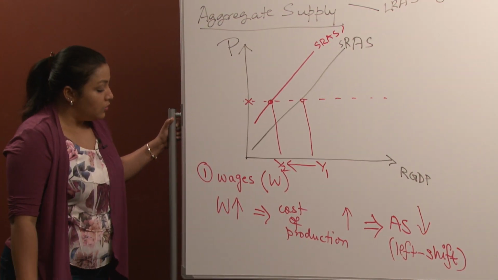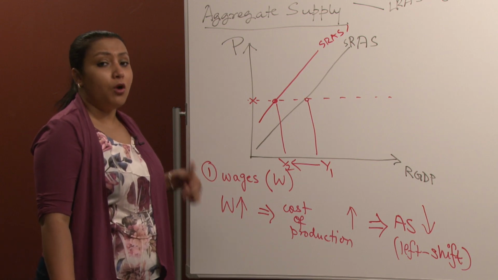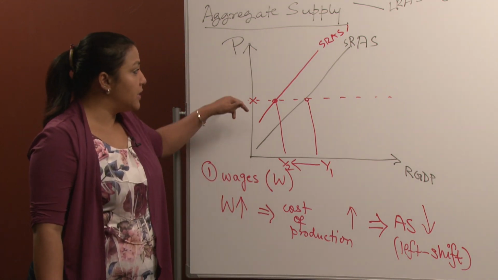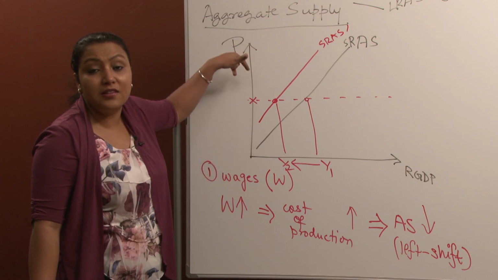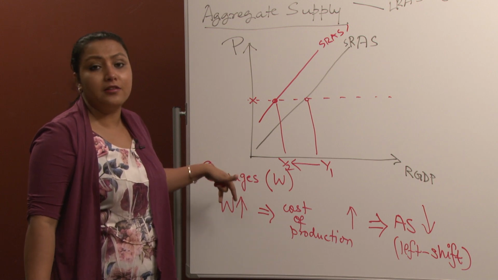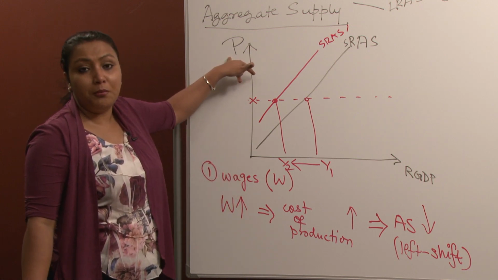Okay. So please remember, now by now you should know that whenever we are talking about shifts of the curves, the inherent assumption is that whatever is measured in the y-axis, that is fixed. So in this case, if we are talking about shifts of the aggregate supply curve, the underlying assumption is that there is no change in the price index.